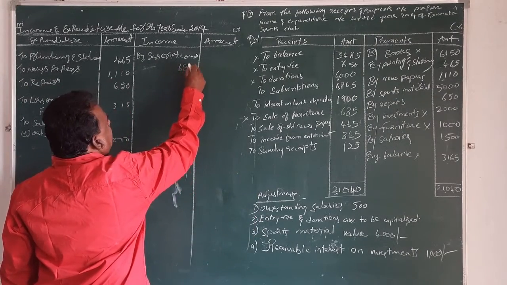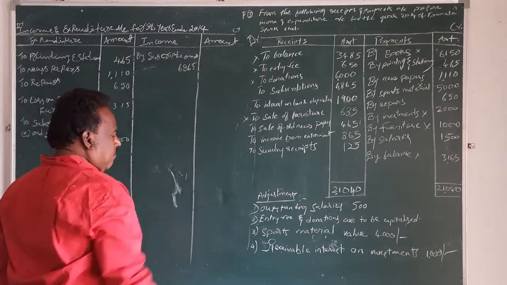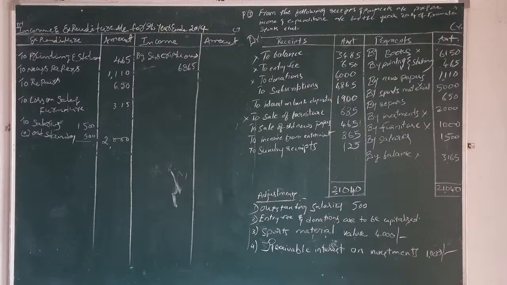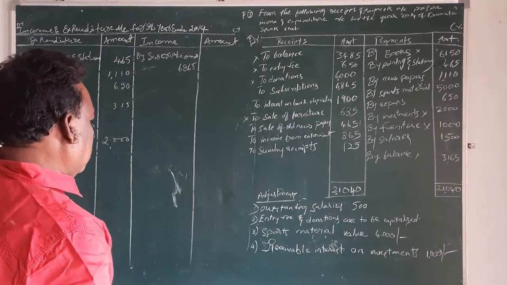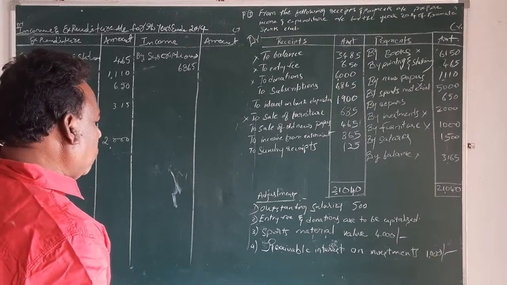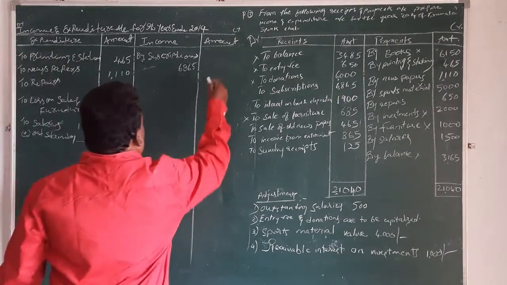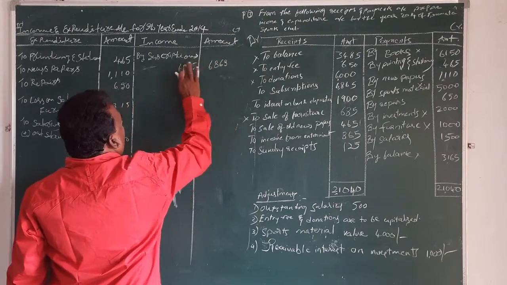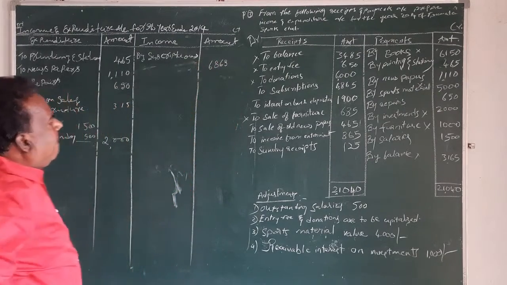6,865. No adjustment is there. Outstanding salary, entry fee, sports material, receivable interest on investments, no adjustments. 6,865, no adjustment is there.